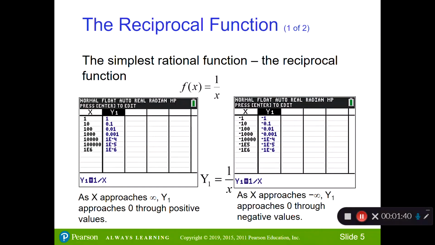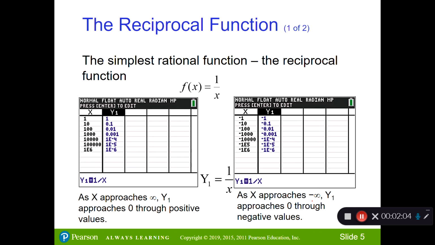The other thing that we can do is plug in really large x values, and what happens is the y becomes really, really small, positive when x is positive and negative when x is negative. These numbers are becoming closer and closer to 0. So as x approaches infinity, y approaches 0 through the positive values.